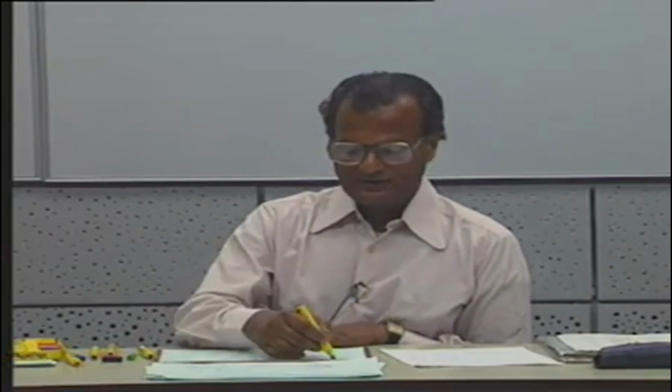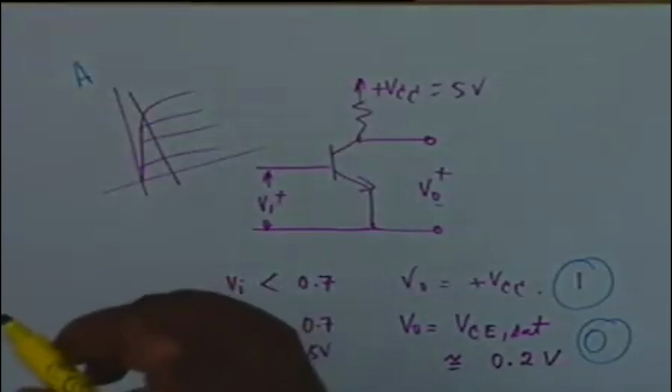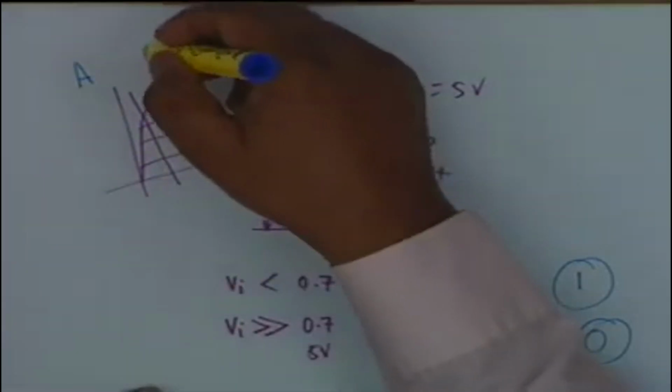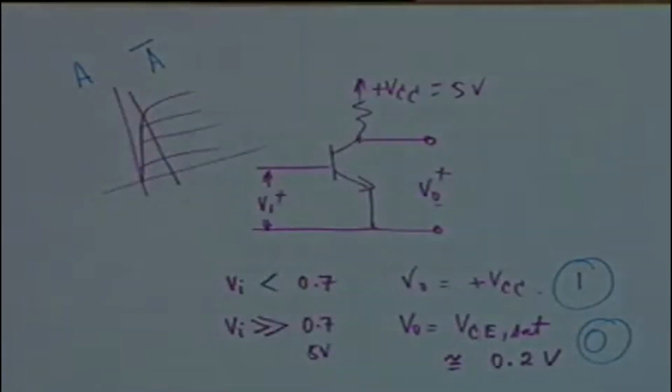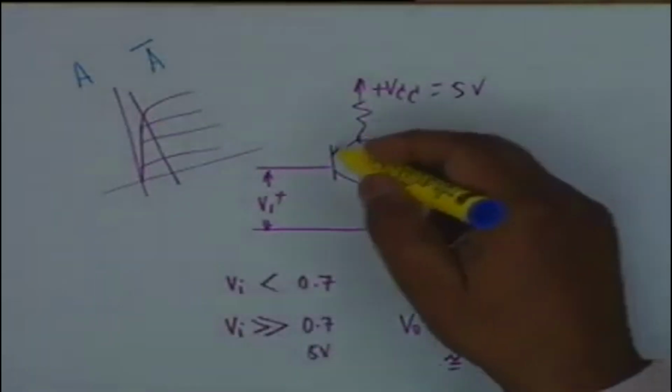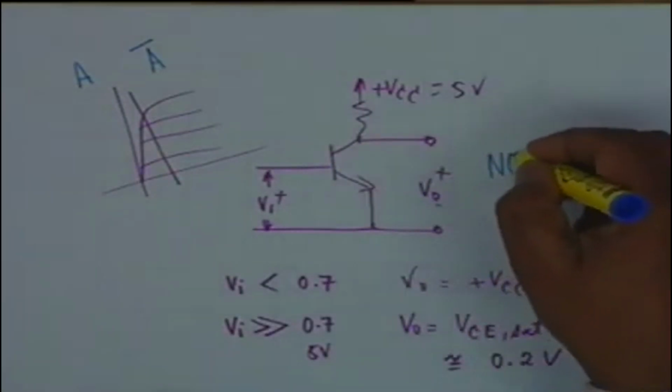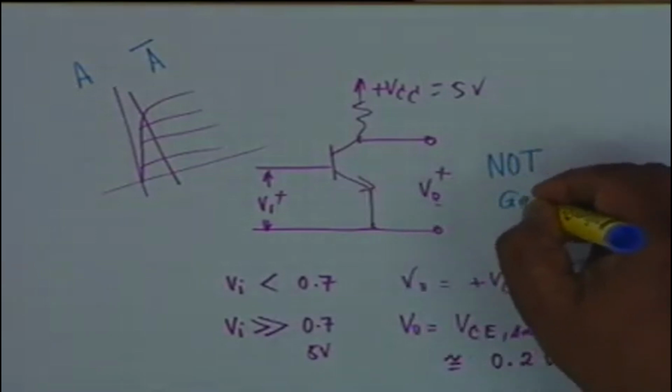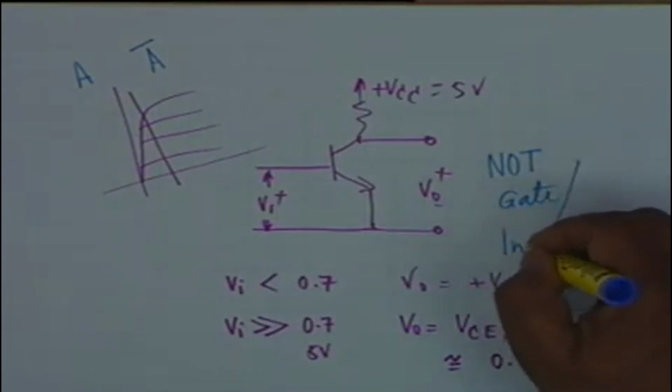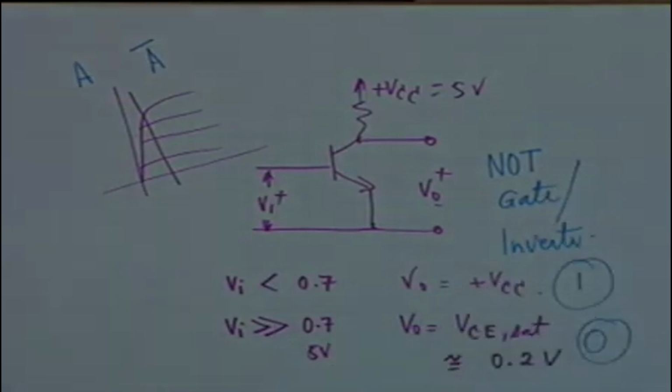If the input is low, then the output is high, and therefore if you call the input as A, logical A, then the output is complement of A, A bar, and such a circuit is called a NOT gate or an inverter. And it is from this point that we shall start on Friday.